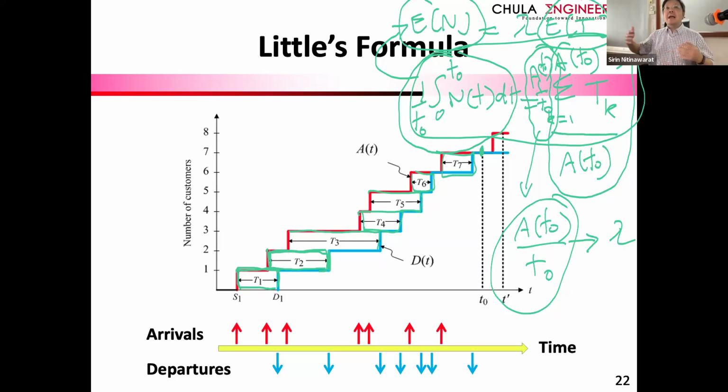The resetting can take a very long time, but if it's a stable system, this resetting should recur indefinitely in the future. And if you have such a system, all the integrals and all the sums will be finite, and then if everything is finite, the quantity holds. So you get Little's formula.